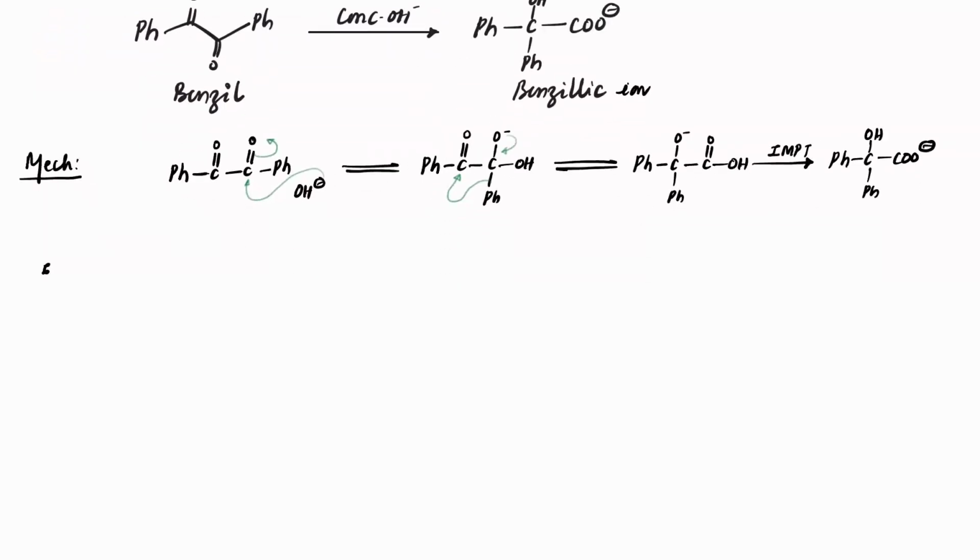Okay. See one example here. Suppose I have two benzene rings like this with C=O and C=O here, and I'm treating this with concentrated OH minus.